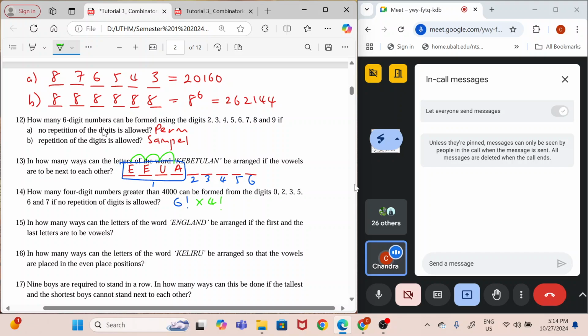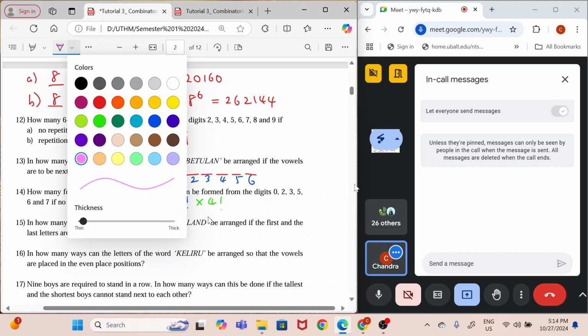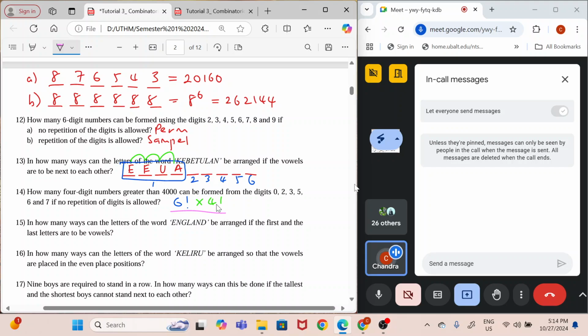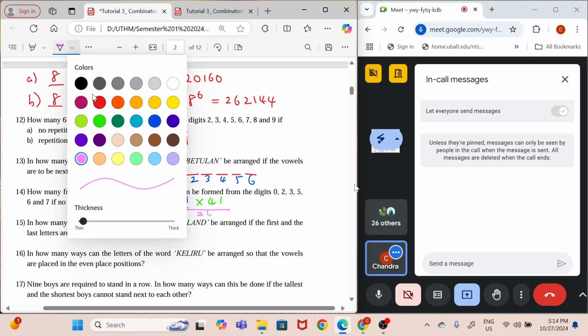Okay, think like that, and then divide by any same letter there. E and E appear 2 times. Okay, E and E appear 2 times. As we said in the class just now, if you see the same letter, you divide by 2 factorial. Now if you do this, what do you get?